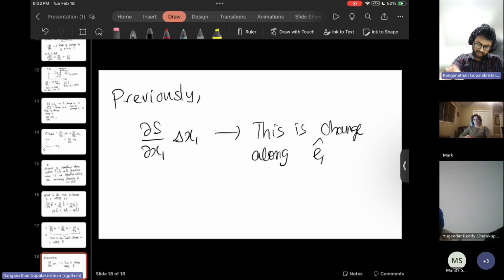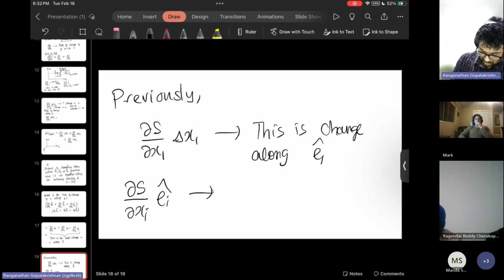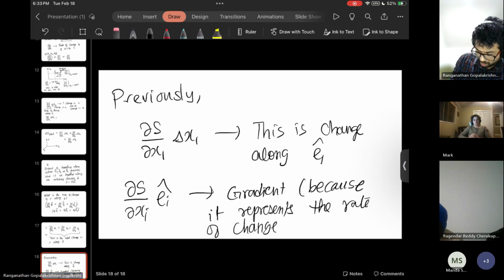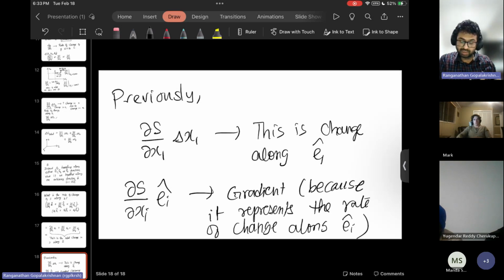So this quantity here, partial S over partial xi ei, is called the gradient. I'm calling it that because it represents the rate of change along ei, which happen to be the basis vectors used in this case. That is, it quantifies the rate of change along the principal vectors or the basis directions.